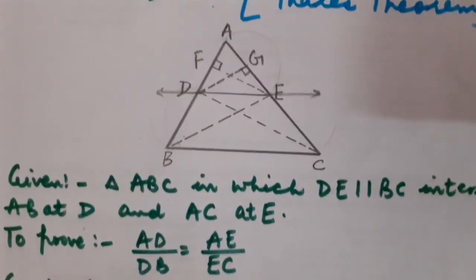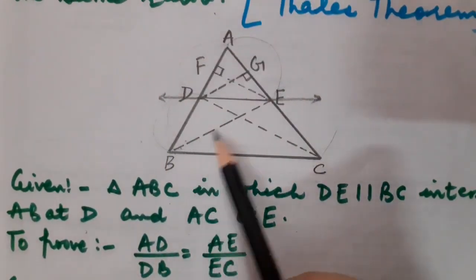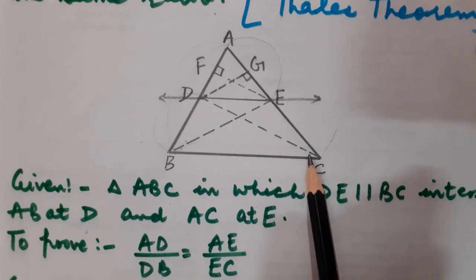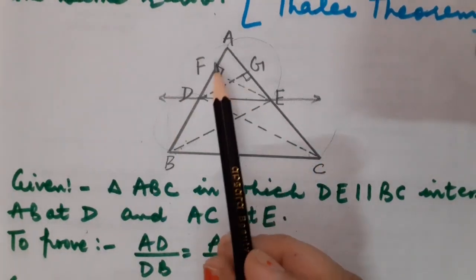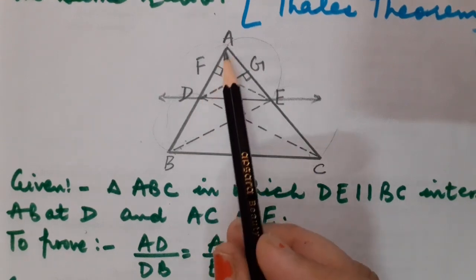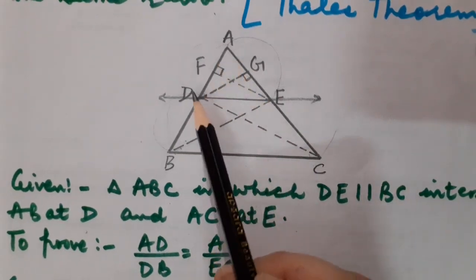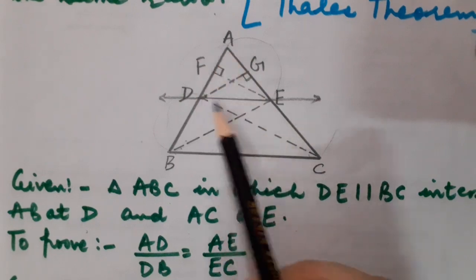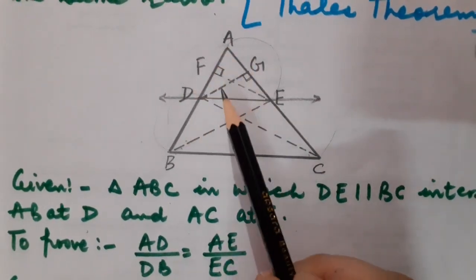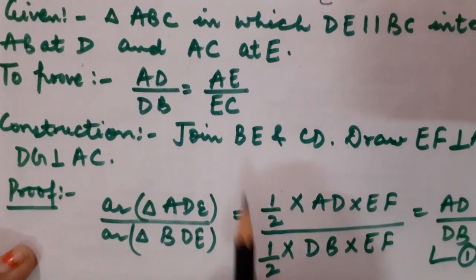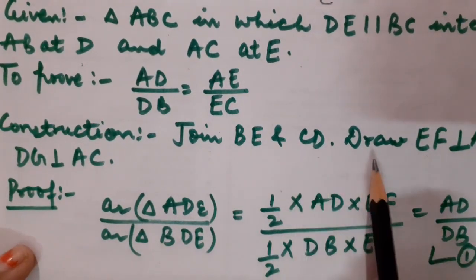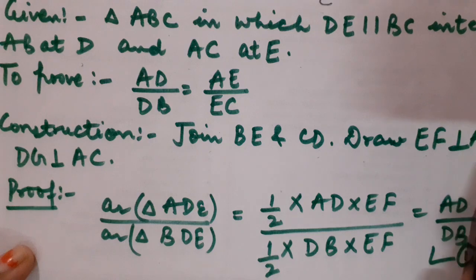Now one small construction I have done in it. What am I going to do, children? I am going to join BE and CD, and I have drawn two perpendiculars, EF on triangle ADE and DG on triangle ADE. So join BE and CD and draw EF perpendicular on AB.